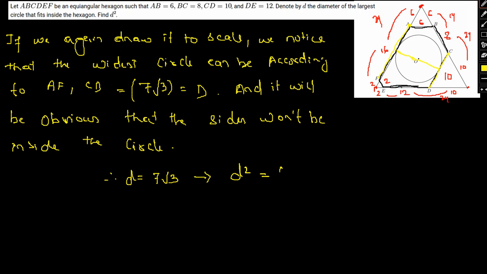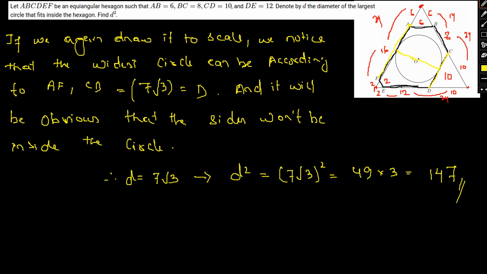D square would be 49 into 3, which is 147, the final answer. So hopefully it is clear how we came about the solution. All we did was take into consideration the figure itself and then find the length of each side of the hexagon. Then we scaled it down, and by determining the maximum diameter of the circle between the two lines, we got our answer.